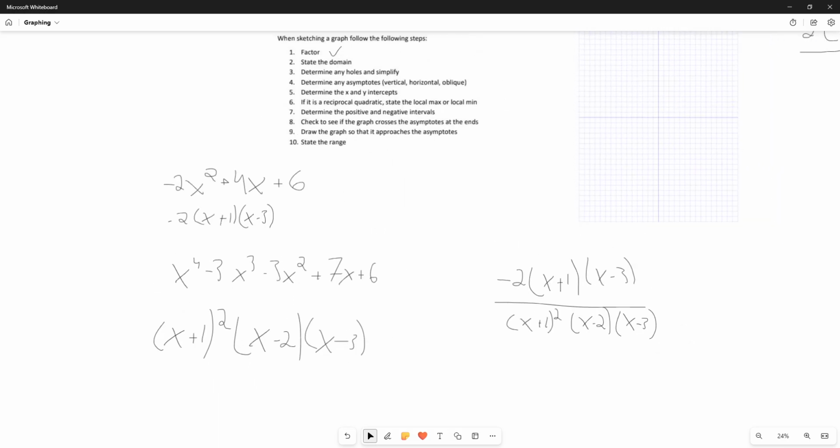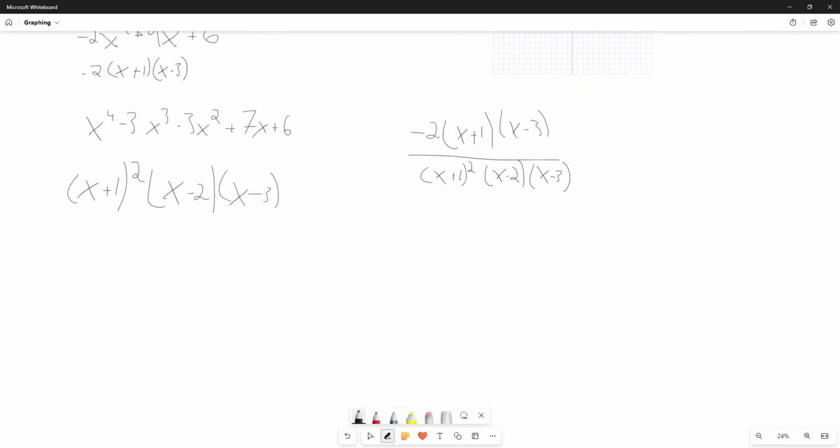Next step is stating the domain. So the domain, we begin by x coming from negative infinity, and then it hits -1. From negative 1, we have the union, and then it hits 2.